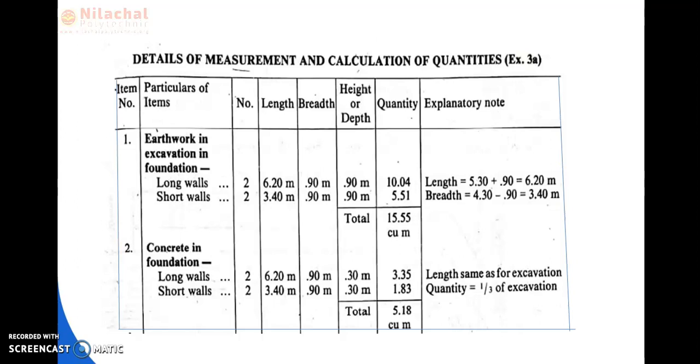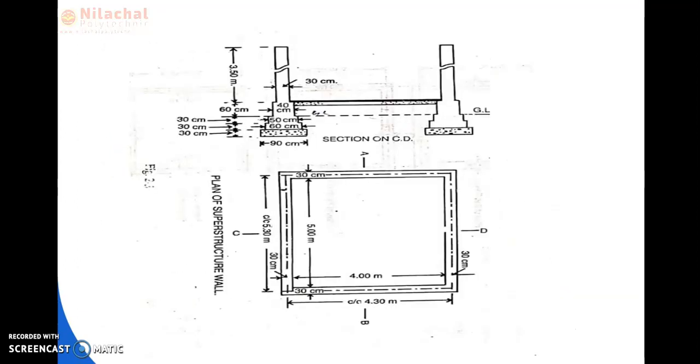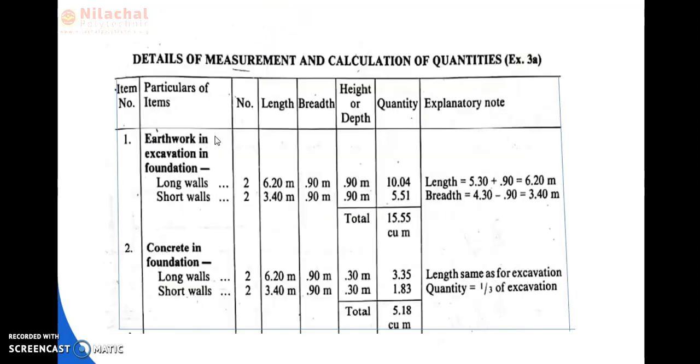Okay, so here the concrete thickness is how much? Thickness provided is 30 centimeter. So the height or depth is 0.30 meter for long wall and 0.30 meter for short wall also. So the total quantity is how much?